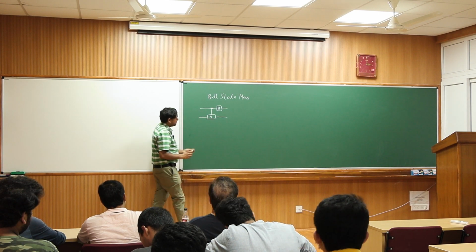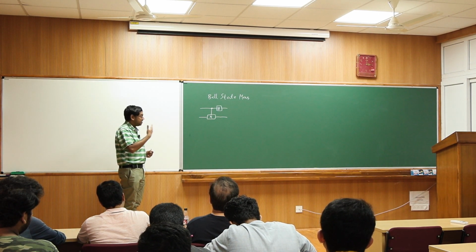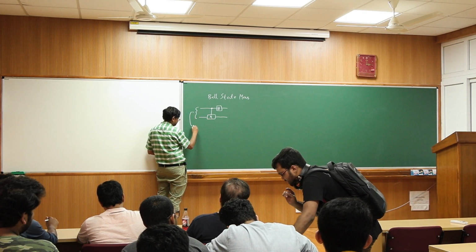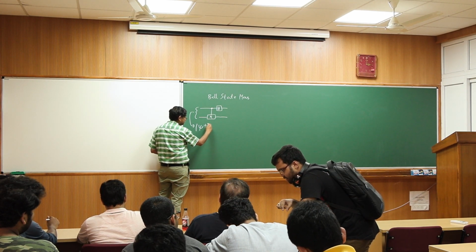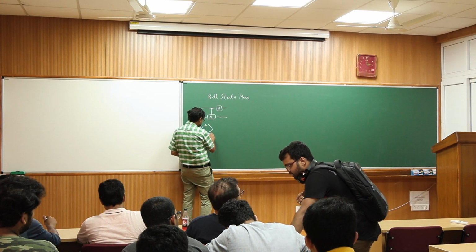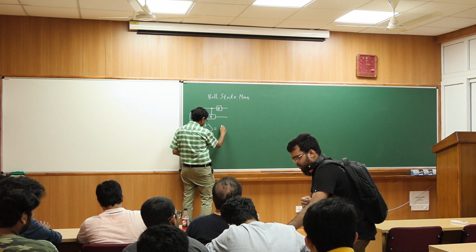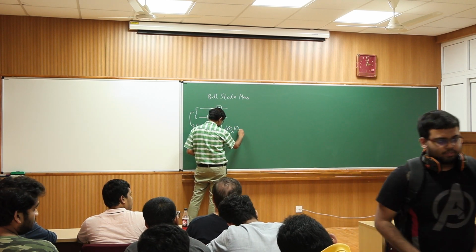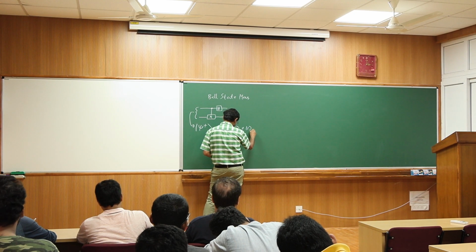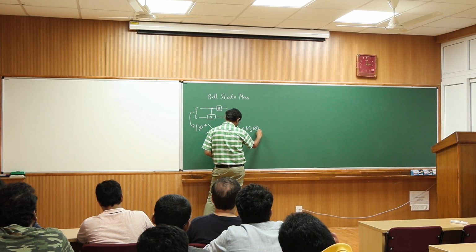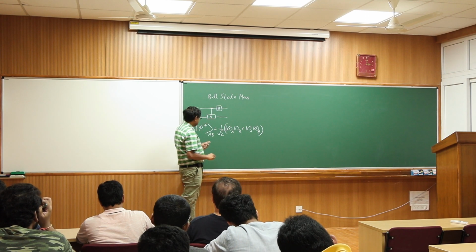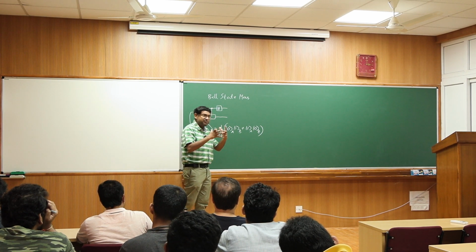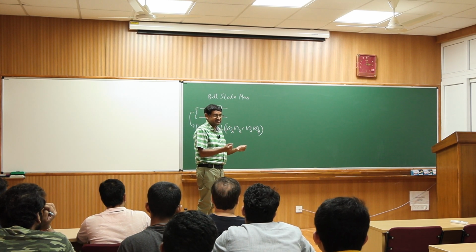Suppose we come in with the state psi plus as input. This controlled NOT is like what you can accomplish with this Ising interaction, as I showed in the last class.